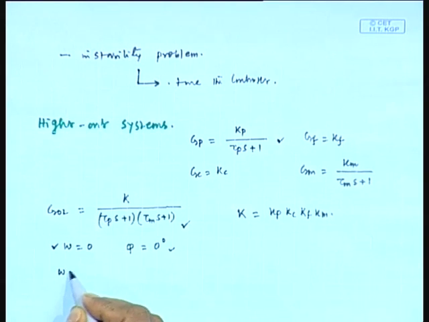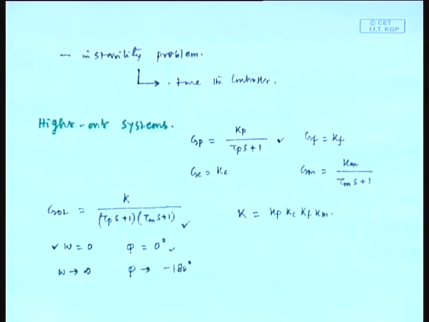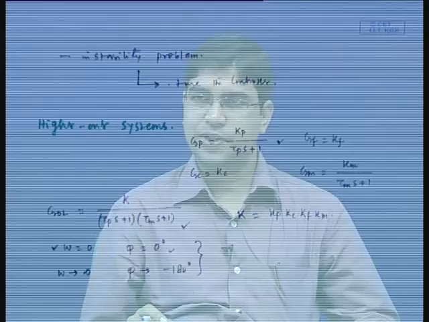When omega tends to infinity, phi tends to minus 180 degree. Fine. For the second order system, phi varies from 0 to minus 180 degree.